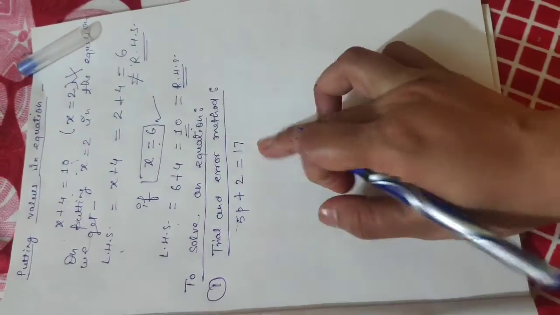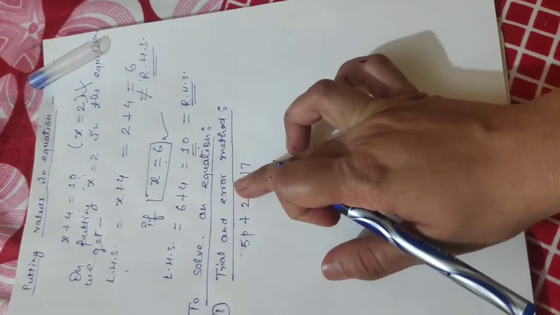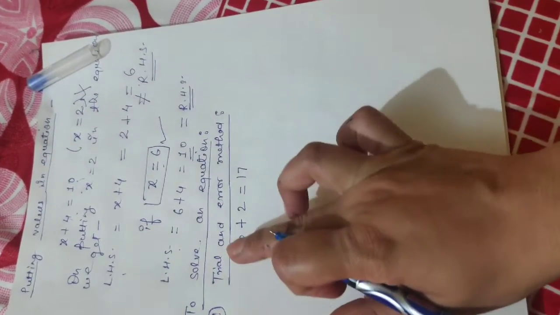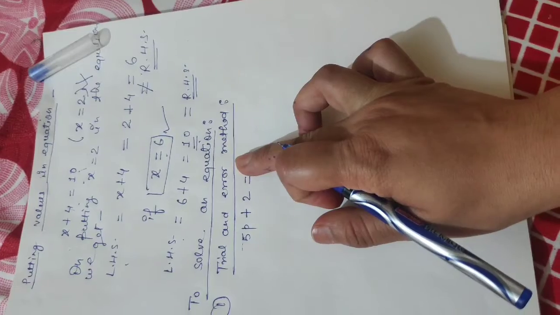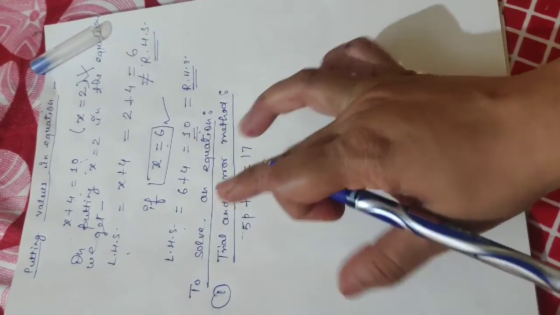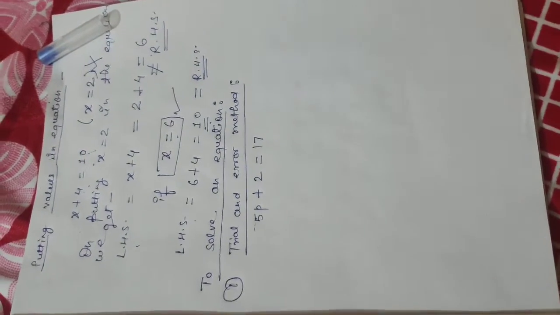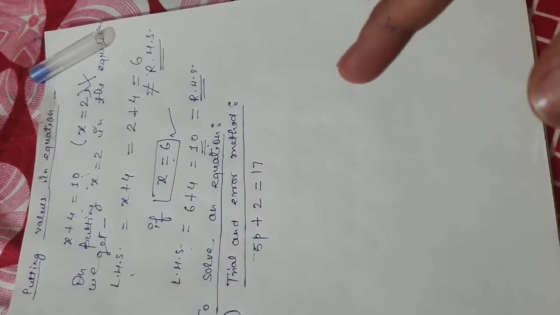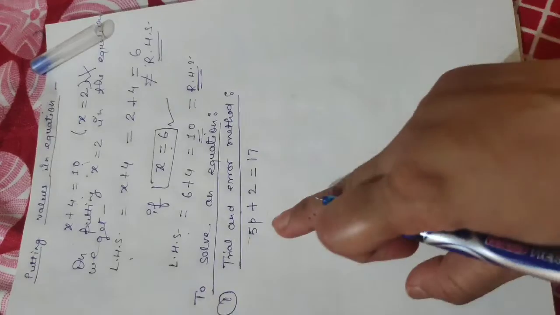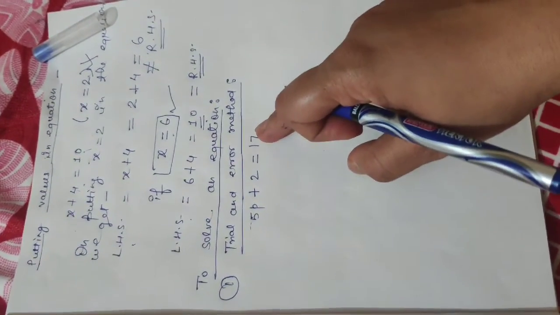So how will you solve it using the trial and error method? It is very clear from its name that we have to try on our own, and then we make errors, and at the end, after making errors, we reach our correct answer. That means we have to do trial and we have to do errors.